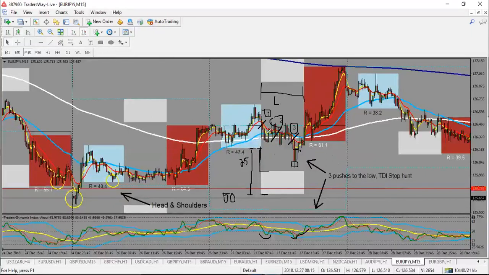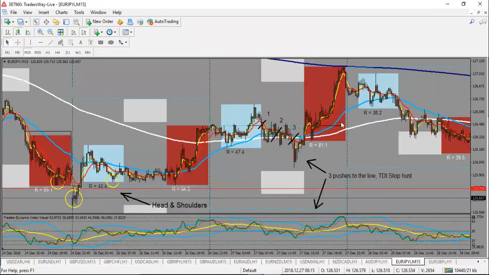L for London. And of course, this is New York session. All this contained in here. Notice how it pins off this 800 EMA right here as well.